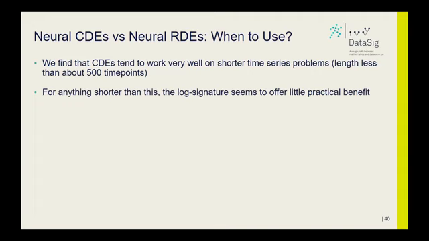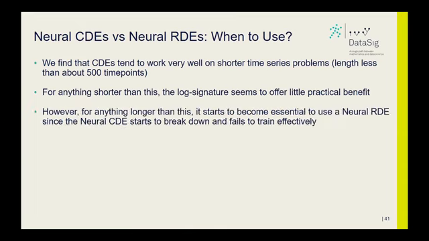And the log signature seems to offer not very much practical benefit, at least in the examples we've tried. However, for anything longer than this, it's absolutely essential that we consider this problem using the rough approach, because the neural CDE, for the reasons I mentioned before, with regards to the exploding gradient problem, memory requirements, and training time, starts to break down and training becomes basically impossible in long cases.